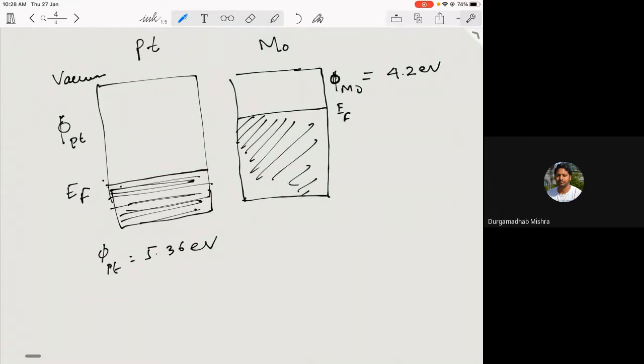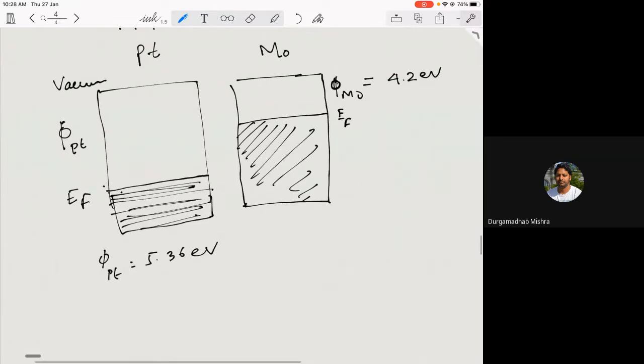Now when you bring them in contact, what would happen? You can immediately see that some of the electrons which are close to the junction are at a higher energy level. Now they will jump to the unoccupied energy levels which are available in platinum. So electrons will jump from molybdenum to platinum.